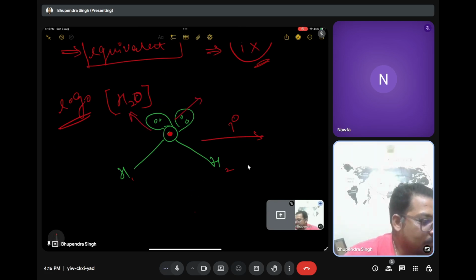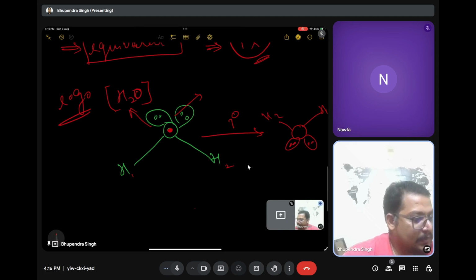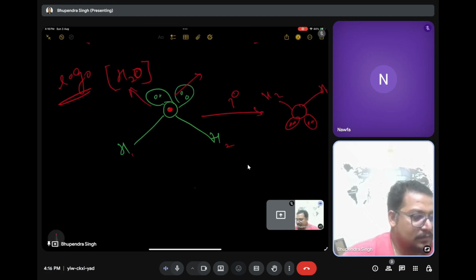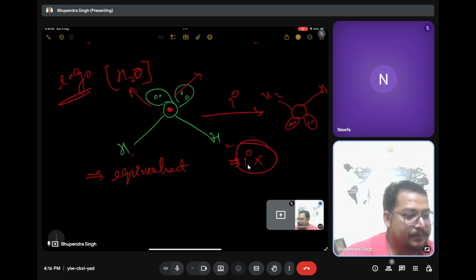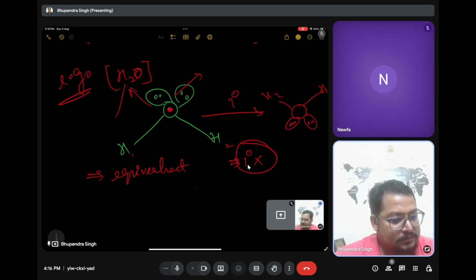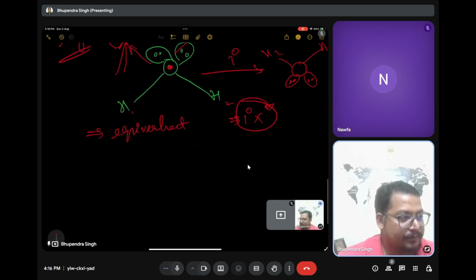So after the inversion it will look like H1, H2, these two will be here. Which means after the inversion you are not getting the equivalent structure, or are they equivalent? Yeah, they are not equivalent. That is why in water, in this structure, the center of inversion I is not present.